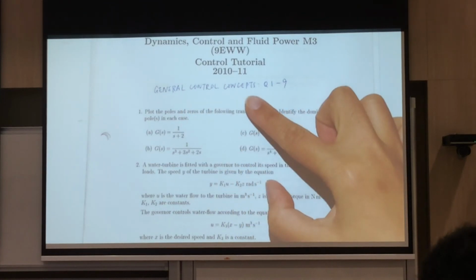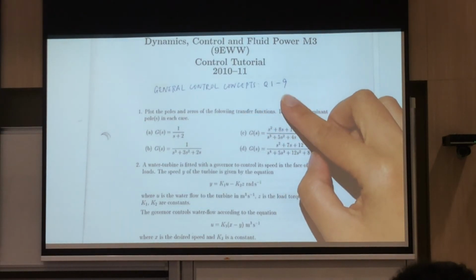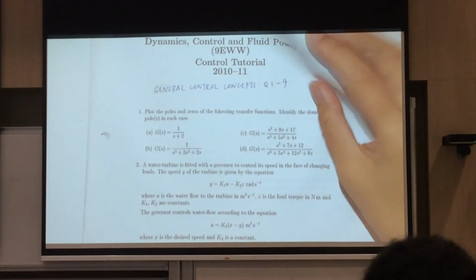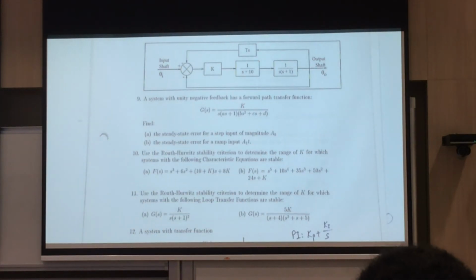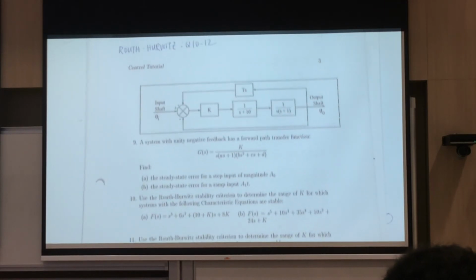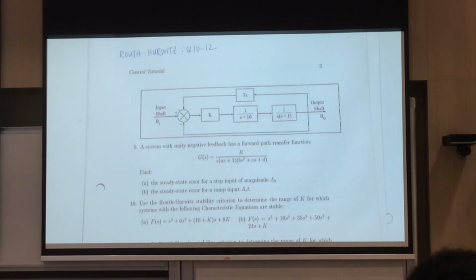General control concepts, which we covered in the first lecture, or things that you ought to know from mathematical modeling and simulation, are questions 1 to 9. If you wish to practice what you learned today, the Routh-Hurwitz questions are from question 10.